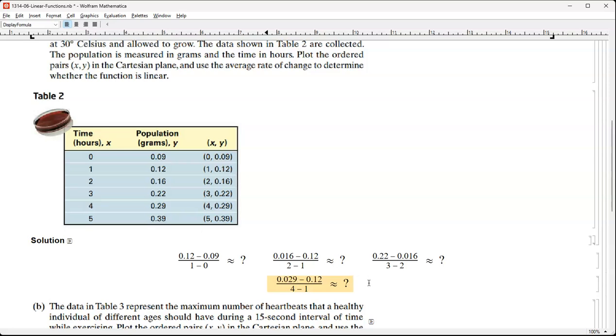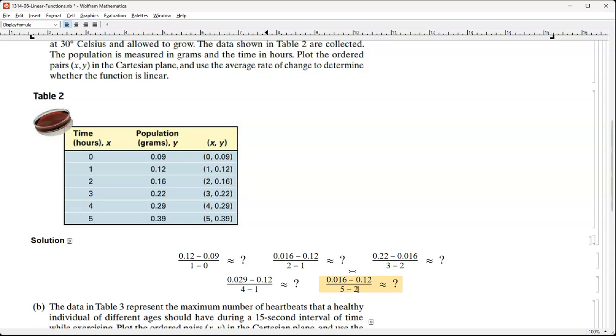You can calculate this kind of thing as well. 1 to 4, so denominator is 4 minus 1, and the numerator is 0.12 to 0.29, and let me do just one more. 2 to 5, okay, alright, let's do 2 to 5.